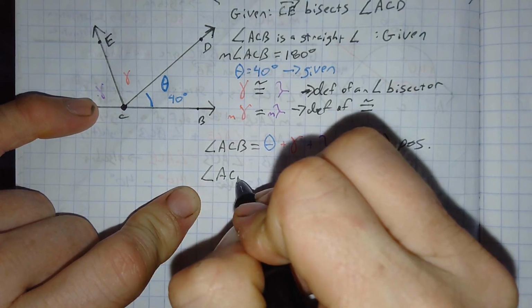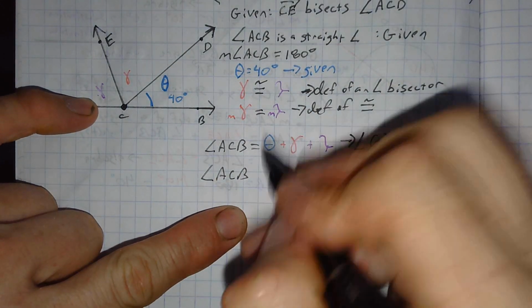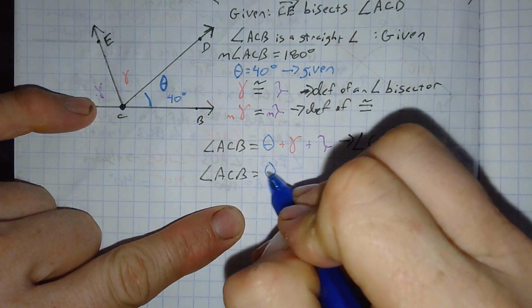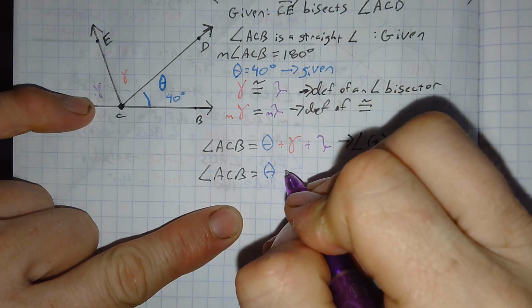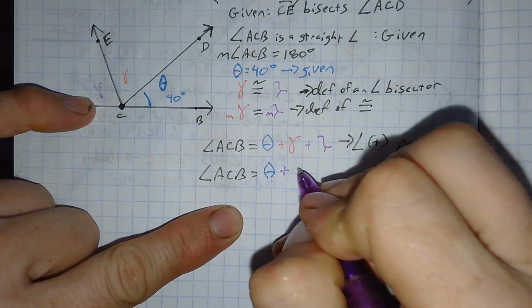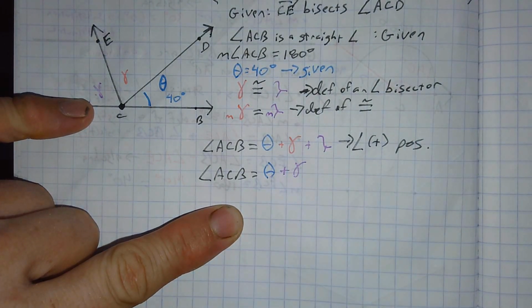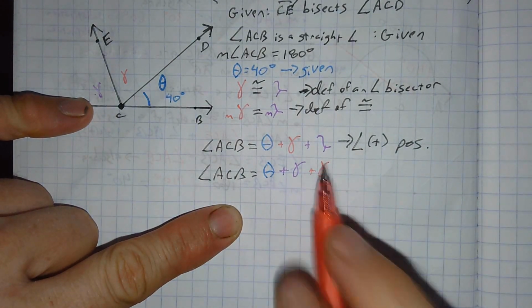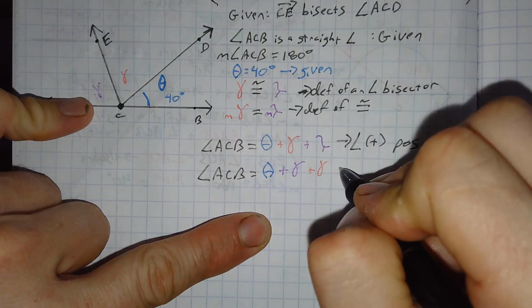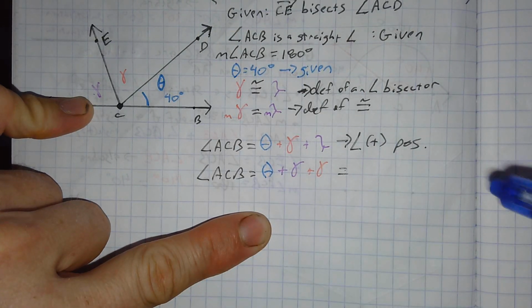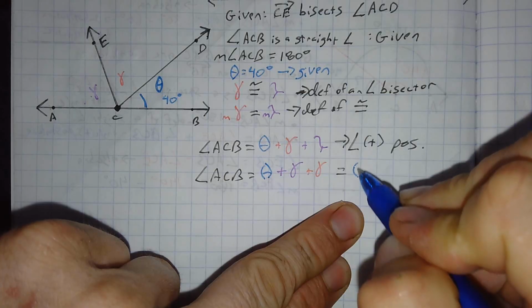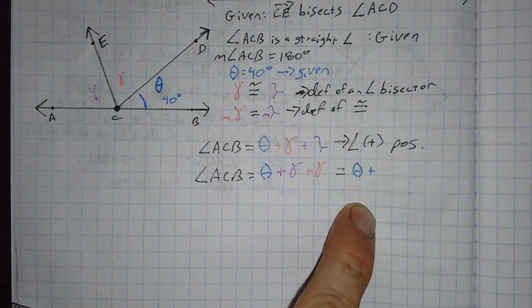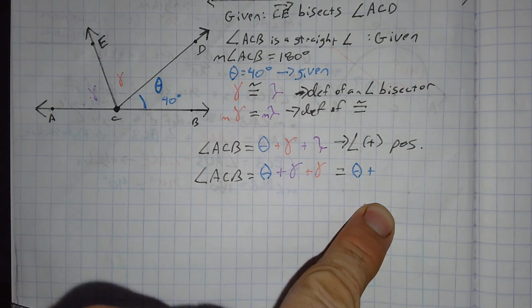Angle ACB equals theta plus gamma plus another gamma, or two gammas. I'll make other colors.